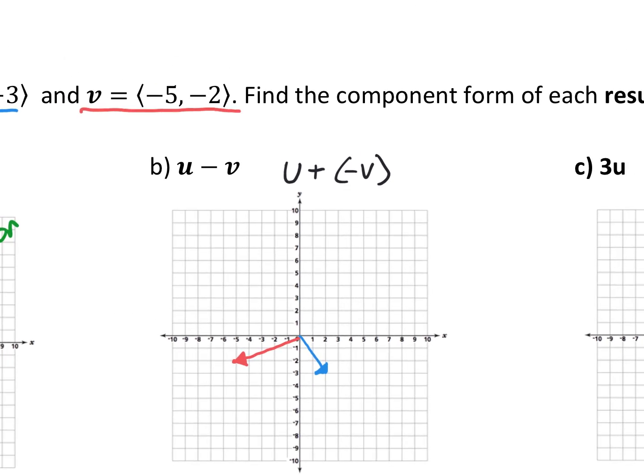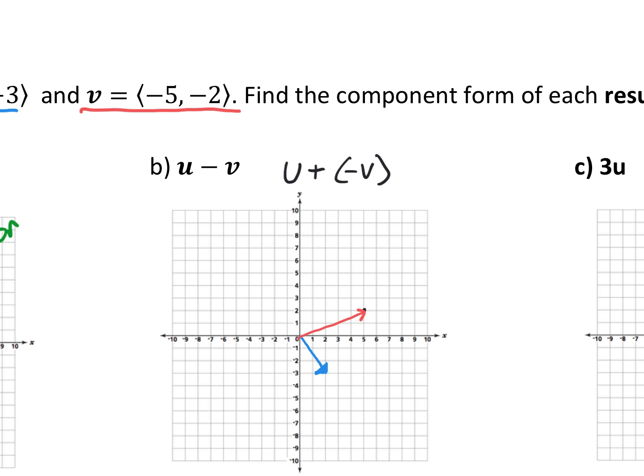So instead of -5, -2, it's going to be +5 and +2. So I'm going to send it that way, right? And now I'm going to add the two of these. So you can leave it there if you like, but I'm just going to erase it to be nice and clear. And then we can do the head to tail or the parallelogram. It's less work for me to show it graphically head to tail.